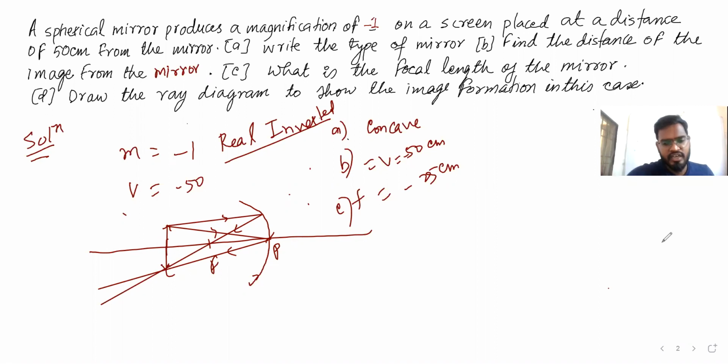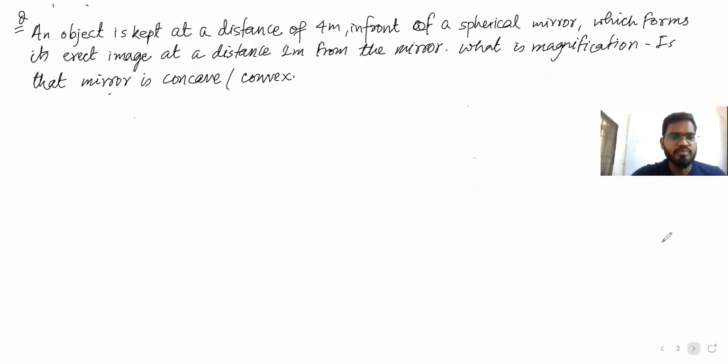Now let's see the next question. An object is kept at a distance of 4 meters in front of a spherical mirror, which forms an erect image at a distance of 1 meter from the mirror. What is the magnification? Is that mirror convex or concave? Now you'll have to think about how an erect image forms. Let's solve this question.